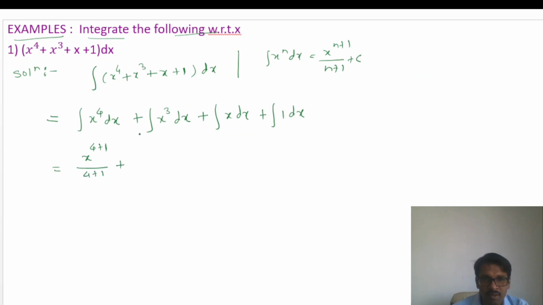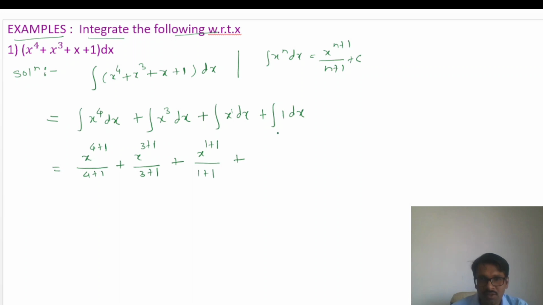Again, we get x raised to 3 plus 1 upon 3 plus 1. Again, x is x raised to 1, so we get x raised to 1 plus 1 upon 1 plus 1.